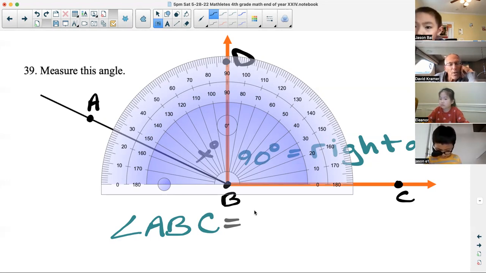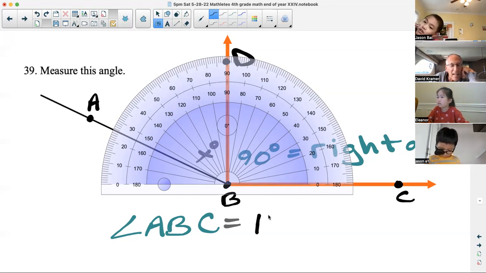Oh, I see why you said 40. But no, that's not 40. Anybody else? Jason B or Eleanor? Jason B. 155 degrees. Yes, yes, yes.